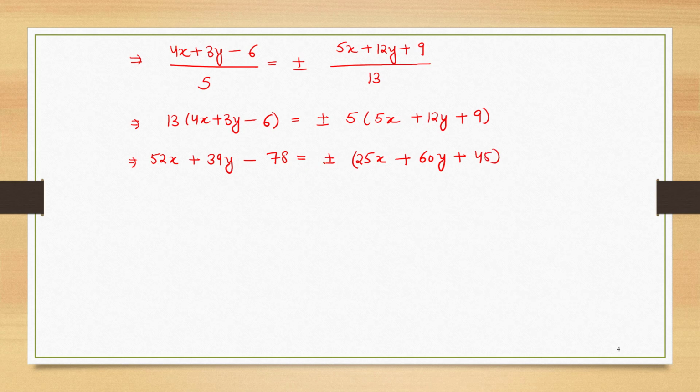Using this plus sign, we get the first equation, that is 52x plus 39y minus 78 is equal to 25x plus 60y plus 45.